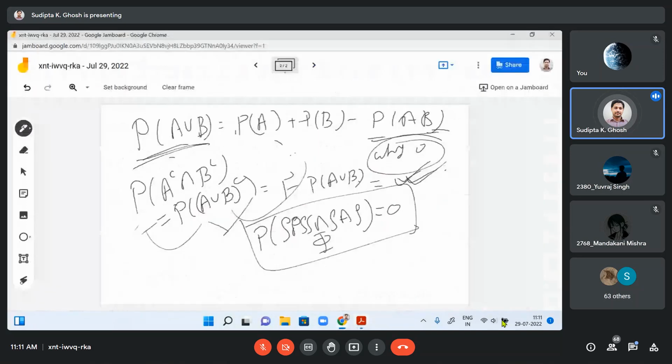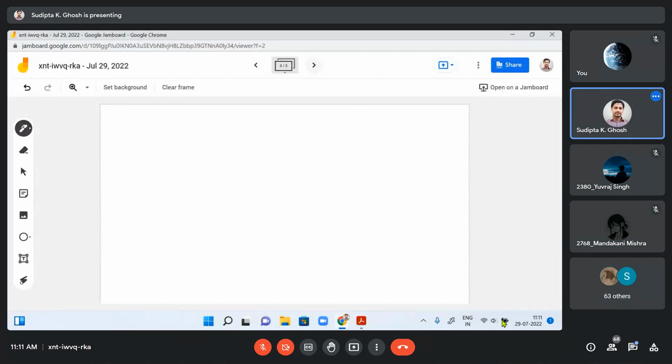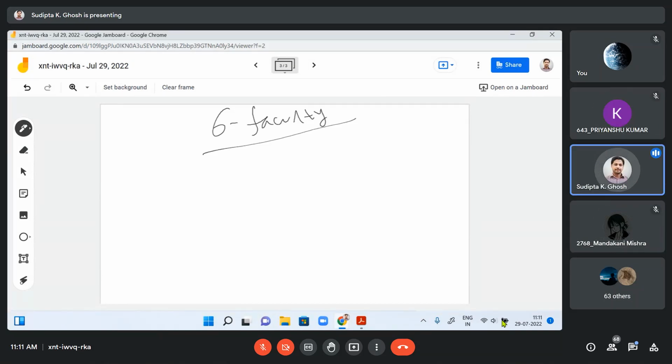First we are writing it one by one. How many faculty members are there? 6 faculty members, so 6 computers need to be replaced.